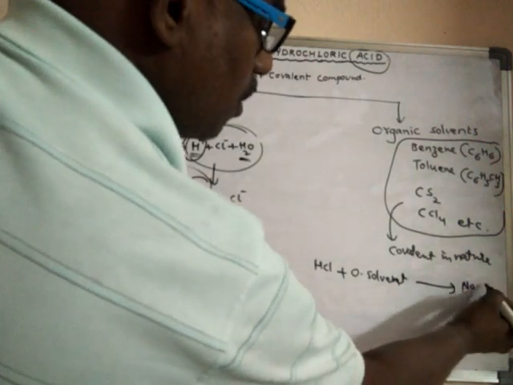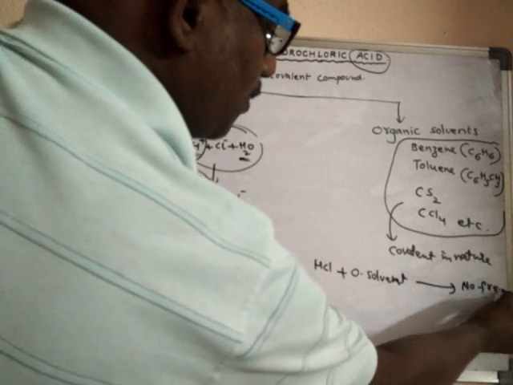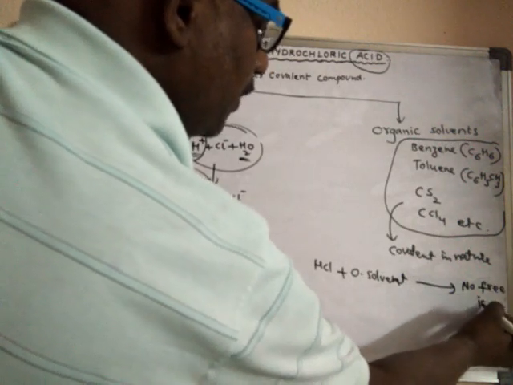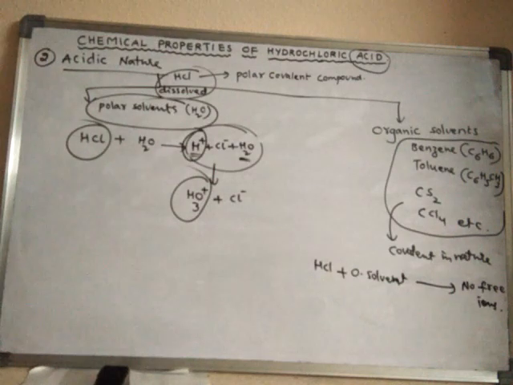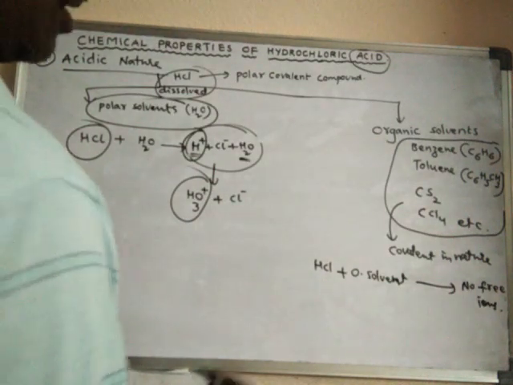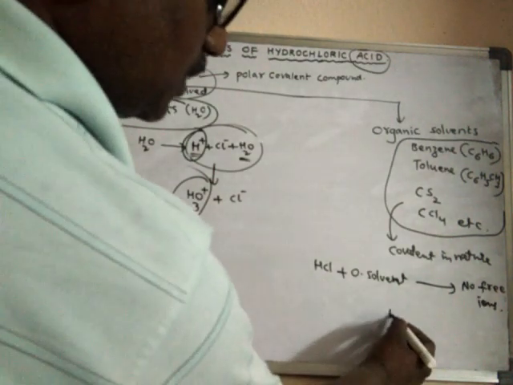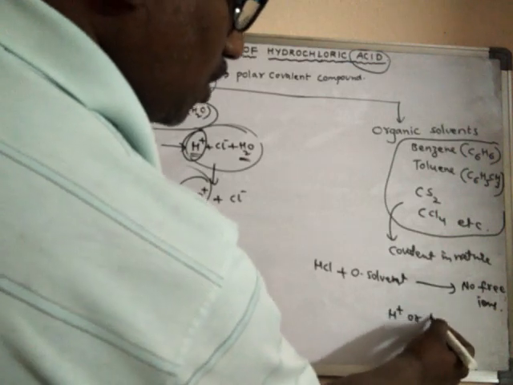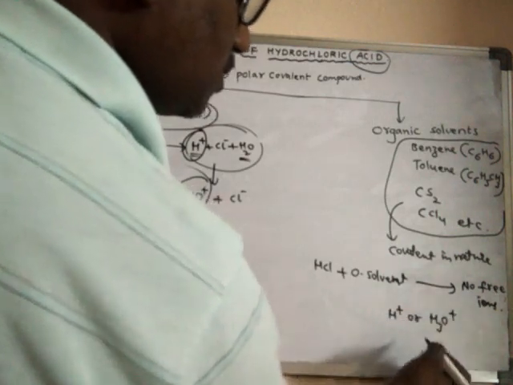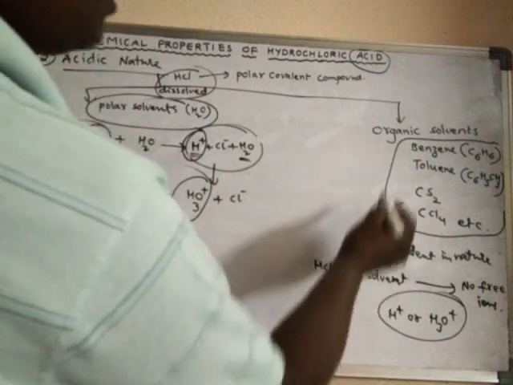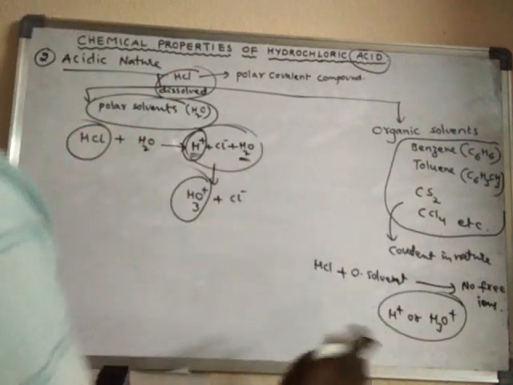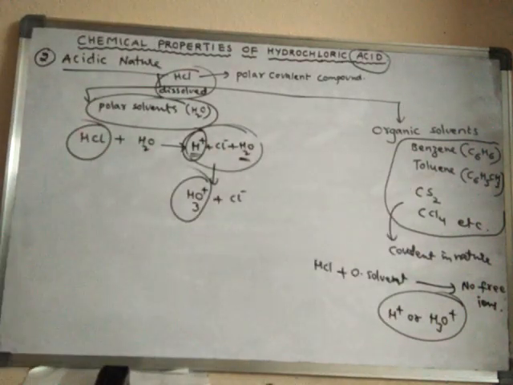No free ions are formed. Hence, as there are no H plus ions or H3O plus ions, HCl does not show acidic nature.